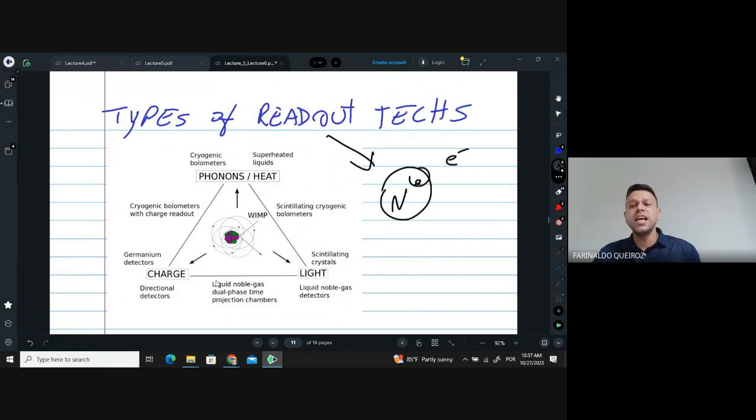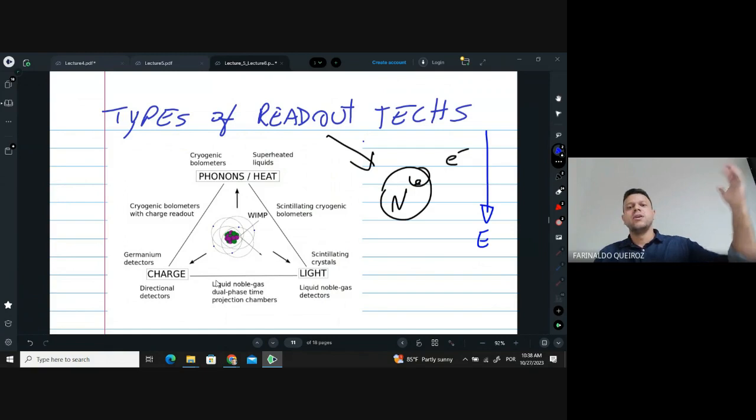And scintillation is when these electrons are subjected to an electric field. Let's say the electric field E is pointing downwards. Then the electron will move upwards. Since the electric field produces an electric force that accelerates the electrons, charged particles, when they are accelerated, they emit radiation. This radiation is light.